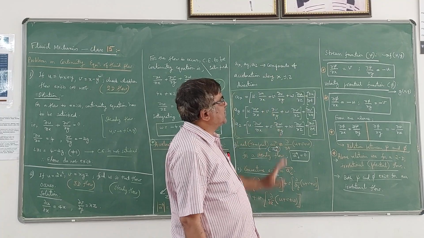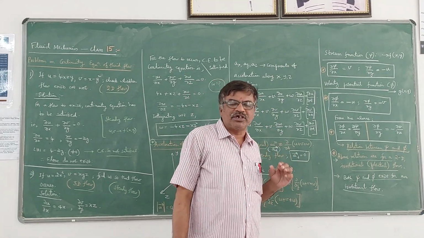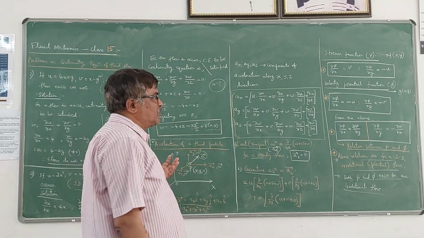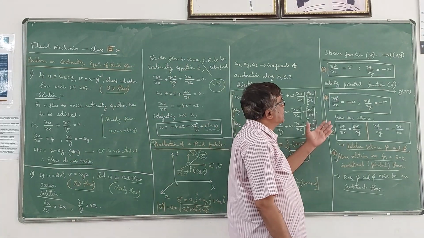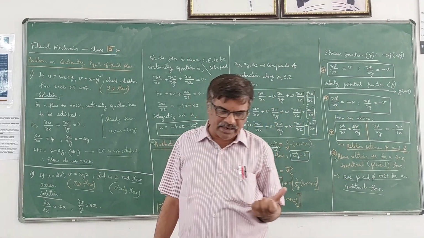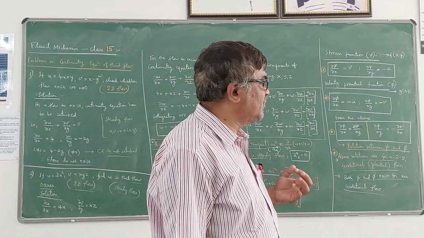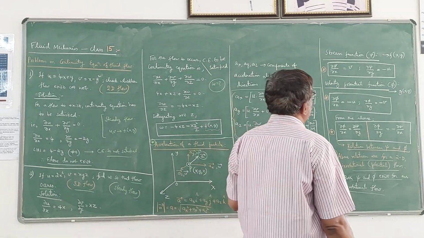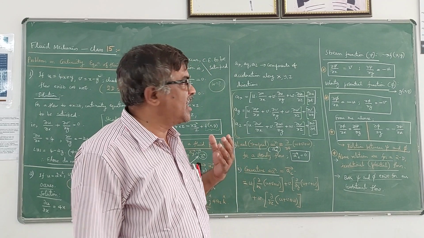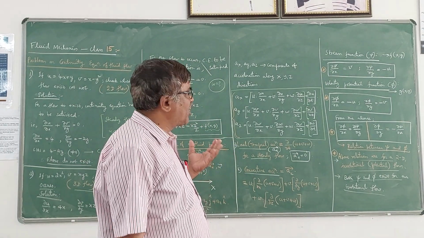Now coming to two other very important definitions. One is called the stream function, another is called the velocity potential function, denoted by the Greek letters psi and phi. This is very important in kinematics because the stream function gives an idea about how a flow occurs, and the velocity potential function gives an idea about how the velocity changes from point to point.